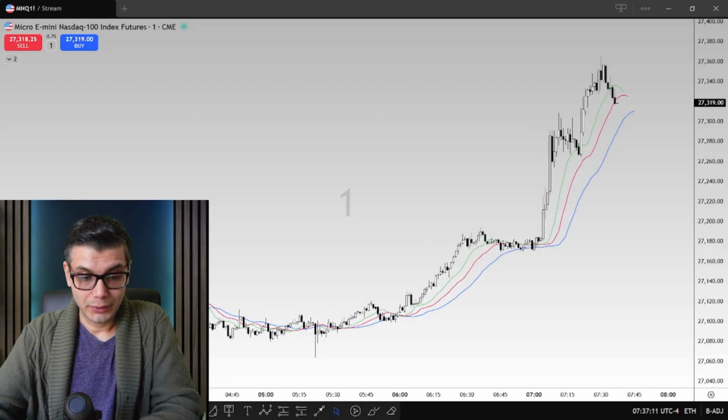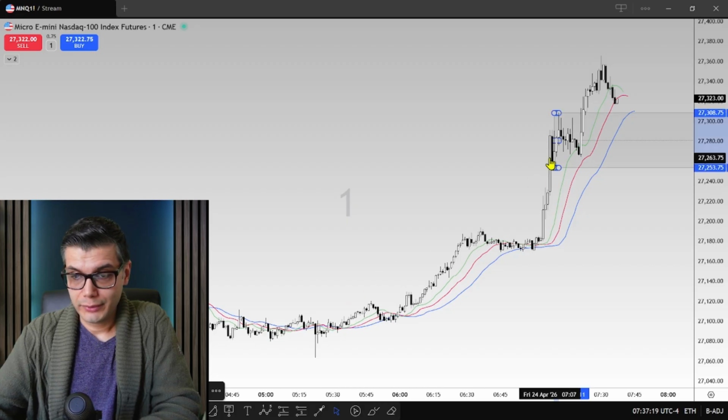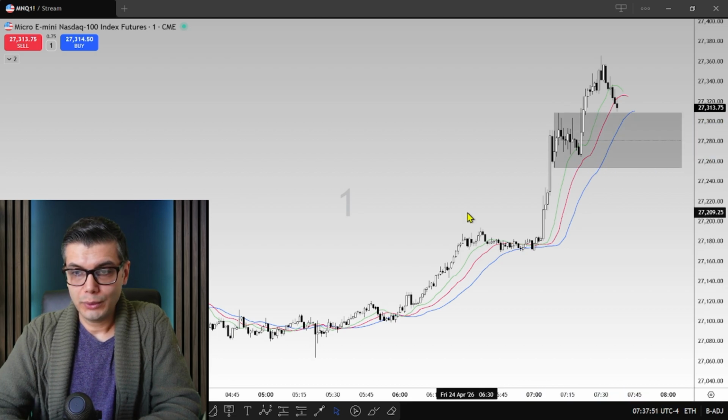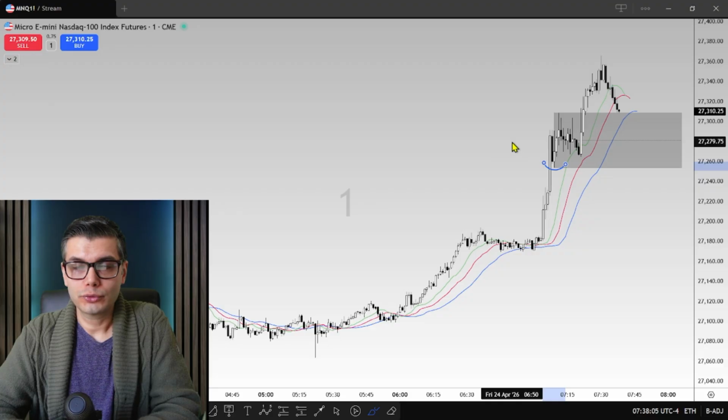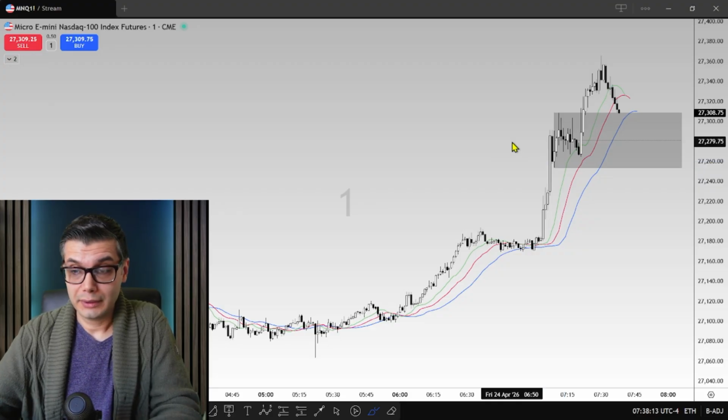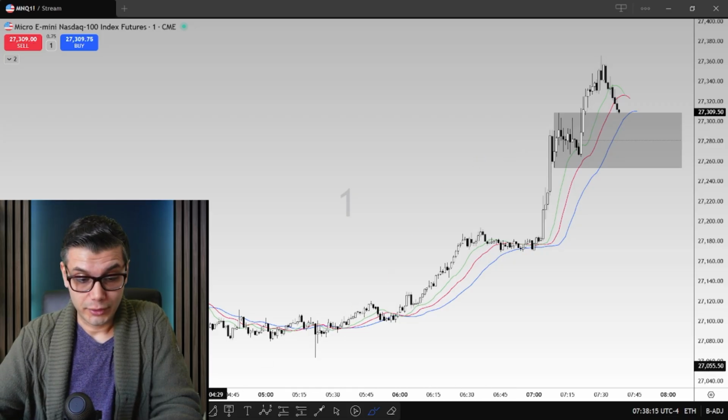Therefore, I would like to utilize my rectangle to mark this area and extend it to the right side. This price range will work as a reversal. That means once the price closes below this low, I can utilize the same range to plant a short position on Nasdaq. So let's have those lines on our chart.